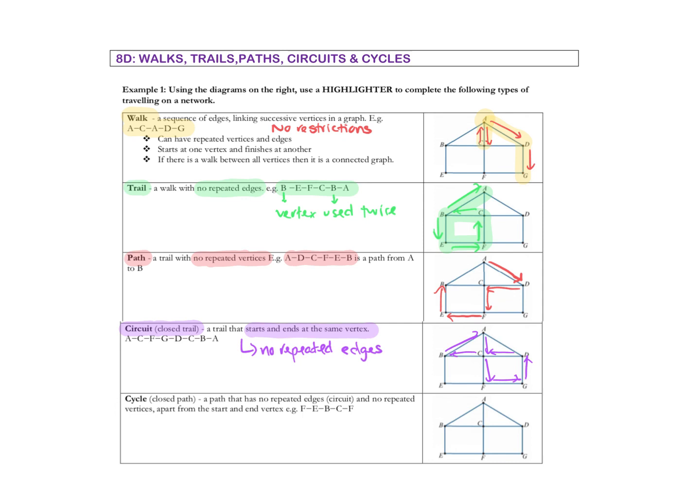I did use a vertex twice, but I didn't use an edge twice. If it's a circuit, you start and finish at the same vertex, so those letters would be the same, and because it's a circuit, there are no repeated edges.